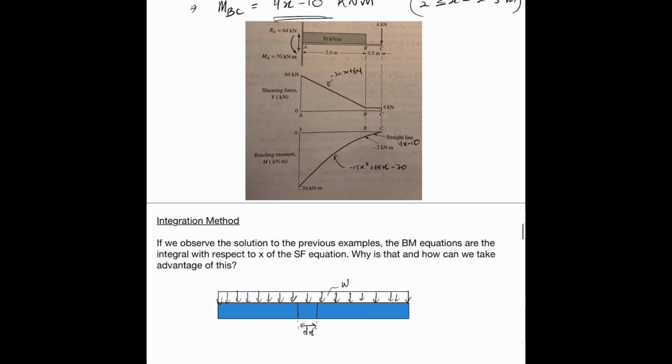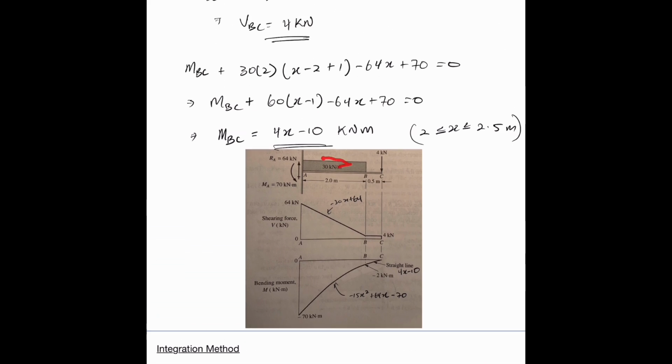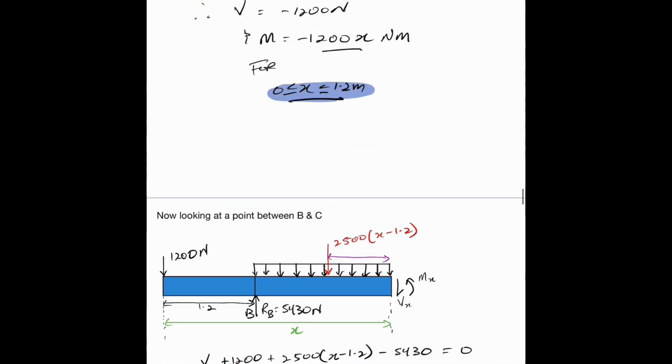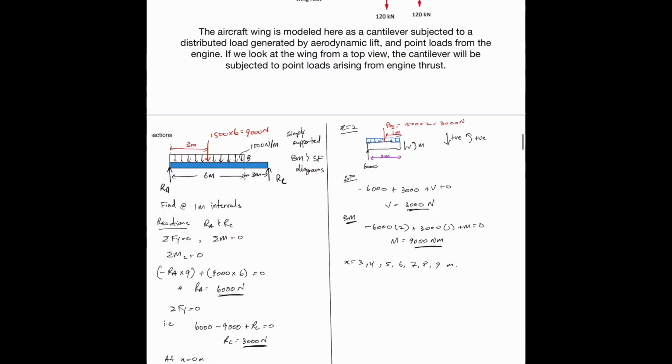We would stop here, and next week we will start to look at the integration method, which allows us to take the equation for this distributed load. I'll go back to this example here with the aircraft.